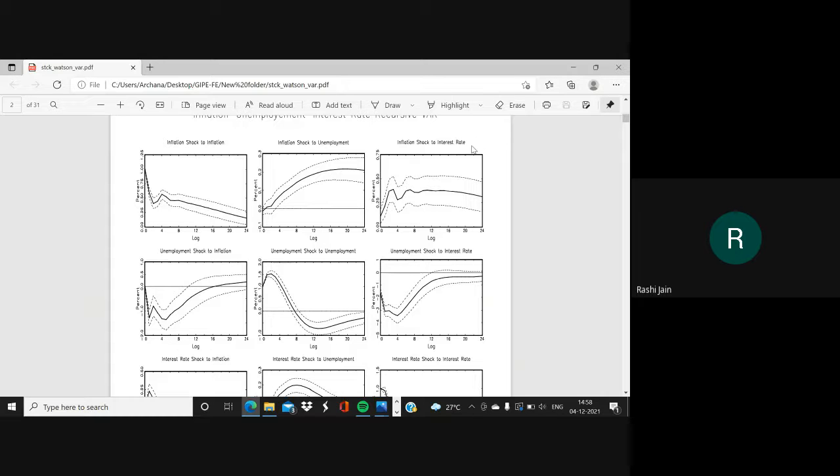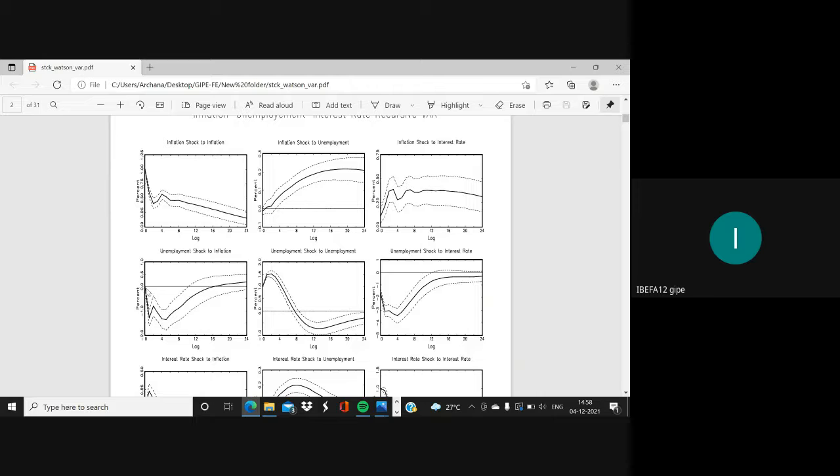For example, let's take this one. It's very clear over here: the unemployment shock to inflation. Here it's probably the case that you've imposed a restriction in such a way that the epsilon ZT shock is not going to affect inflation instantaneously.